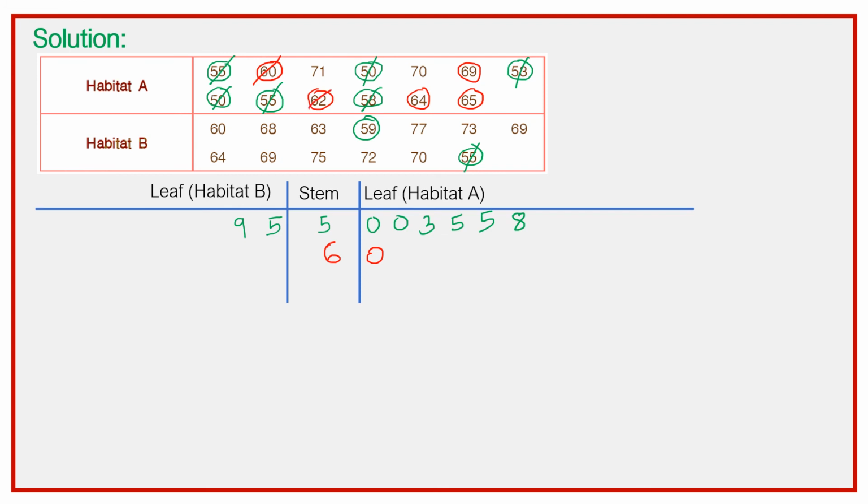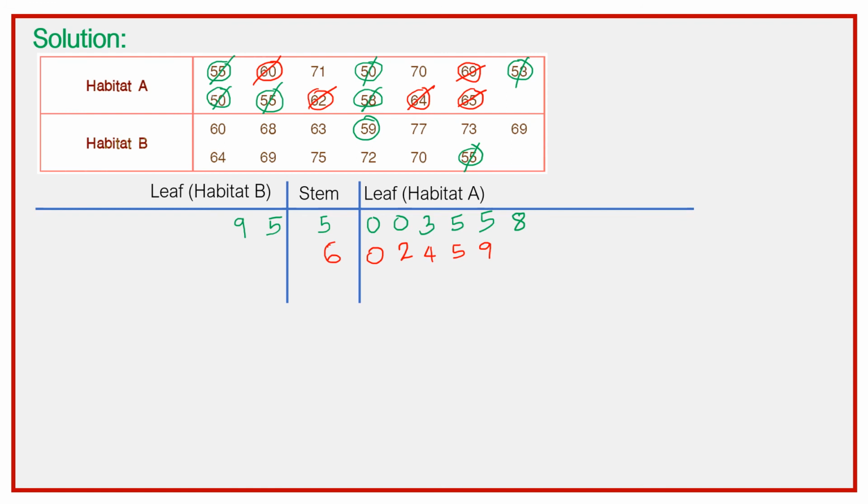Then we write 2 for 62. Then we write 4 for 64. Next, we write 5 for 65. And lastly, we write 9 for 69.